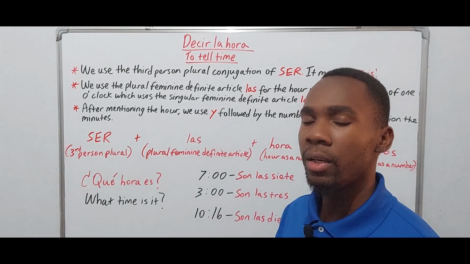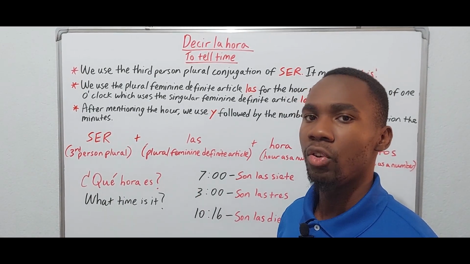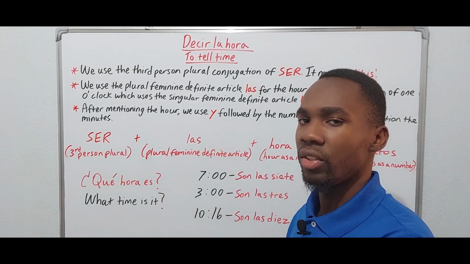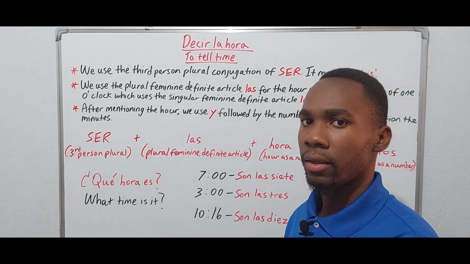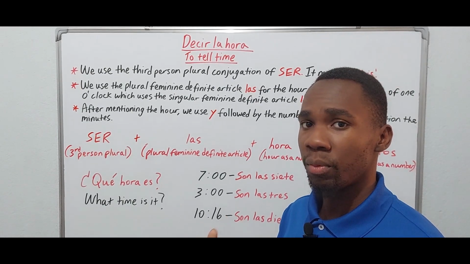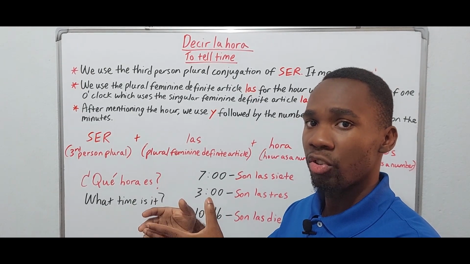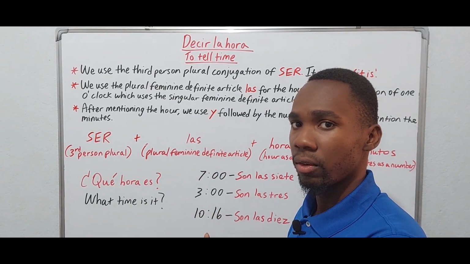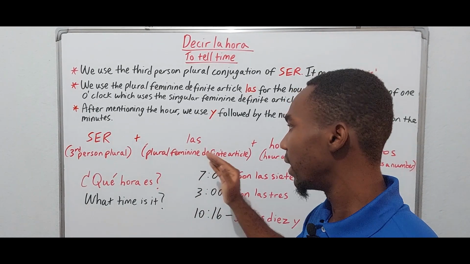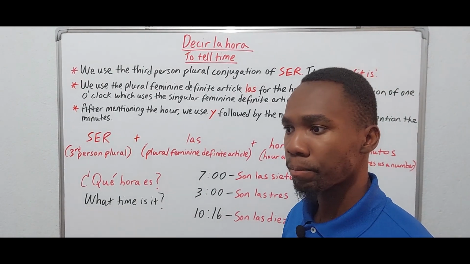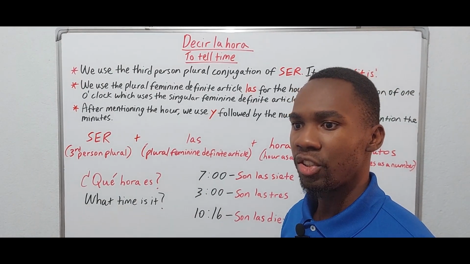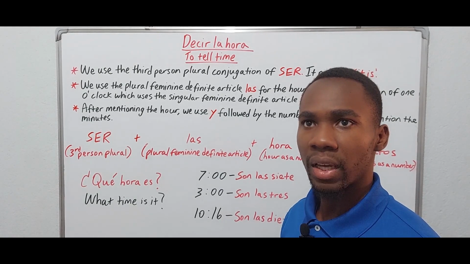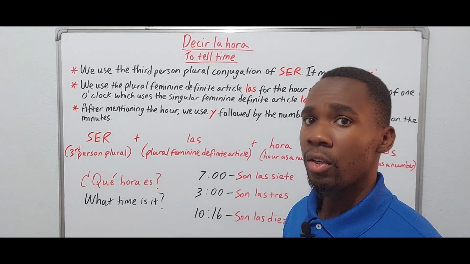But for all the other times, you're going to use son, las, and then you mention the hour, right? And if you want to introduce minutes, you use the conjunction e, and then you give the number of minutes, okay? But before we get into some examples, I need to mention that, of course, you can use other tenses, right?